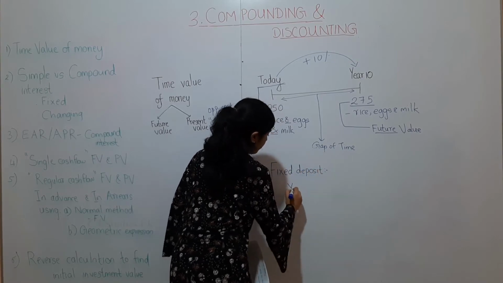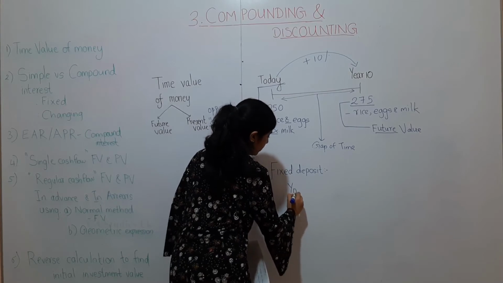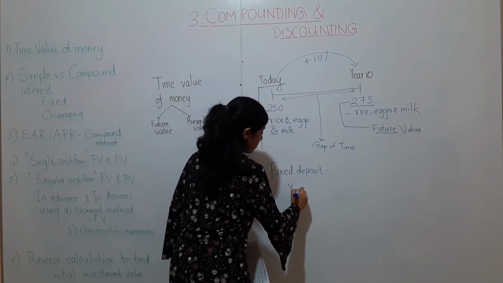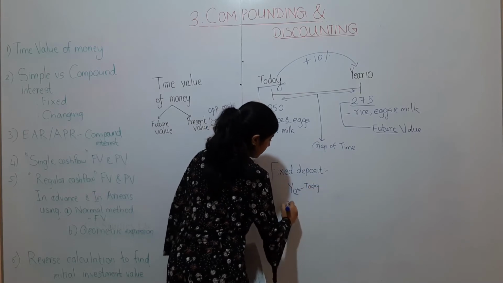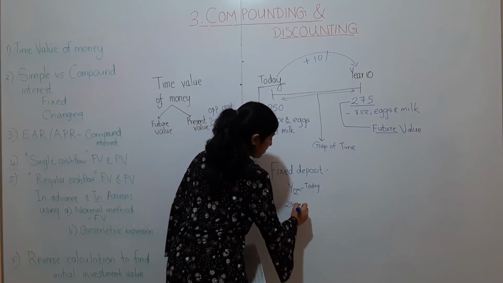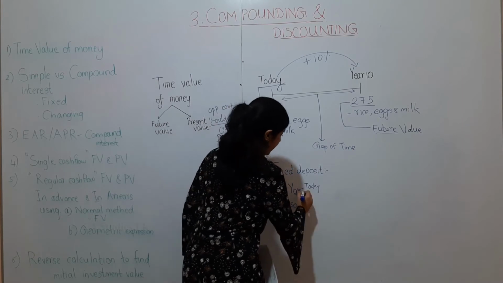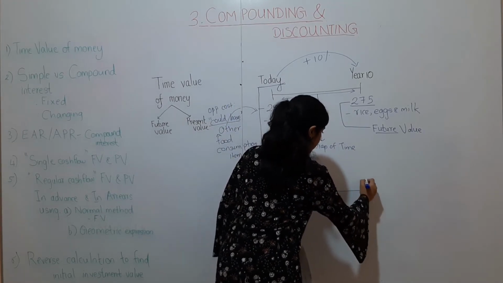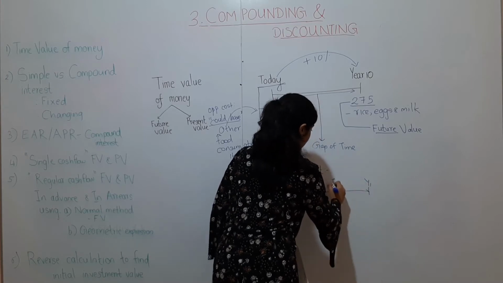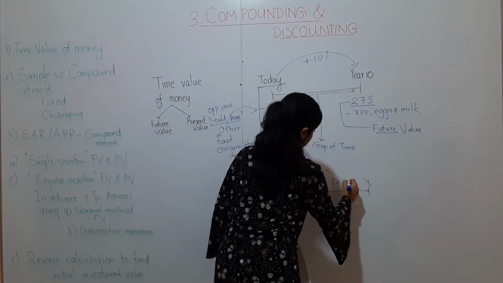You're investing money today, which is represented by year 0, of amount 2,500 in a bank. And then the bank promises you to pay interest in 1 year's time at 10%.